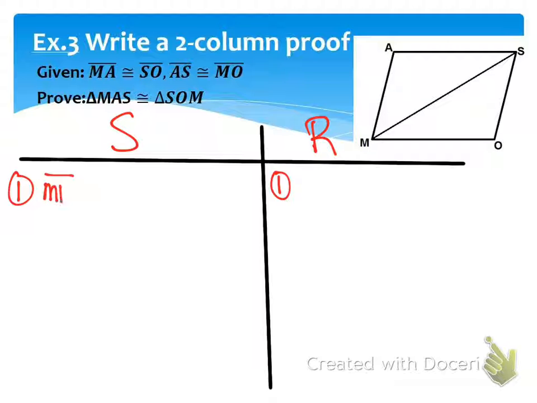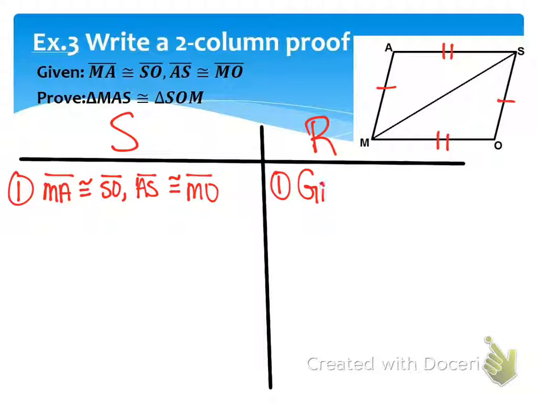So that would be that MA is congruent to side SO, and segment AS is congruent to side MO. I would recommend going ahead and marking your given information as you go. So MA congruent to SO, they each get 1 tick mark. AS congruent to MO. And my reason, of course, is given.